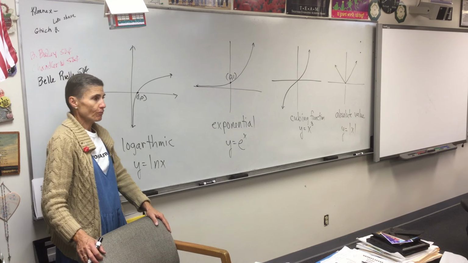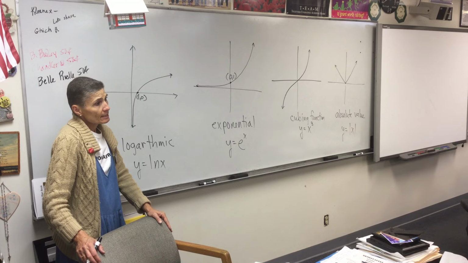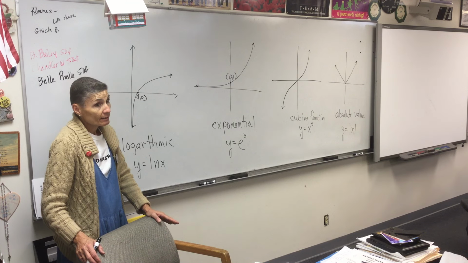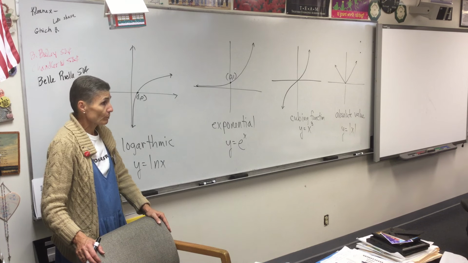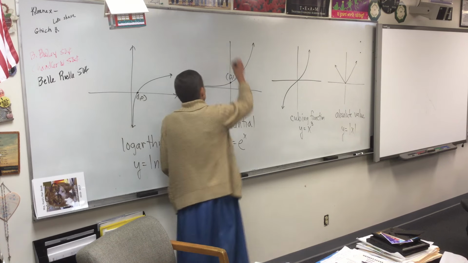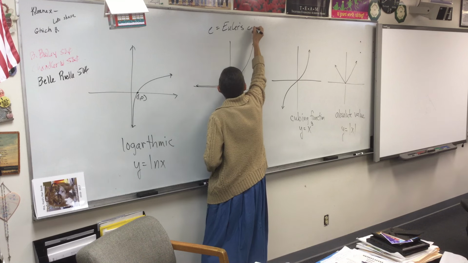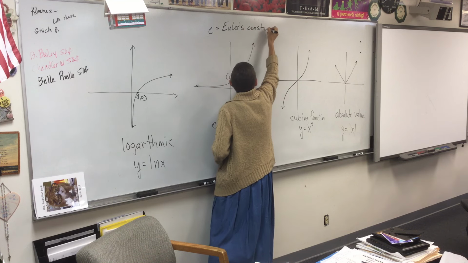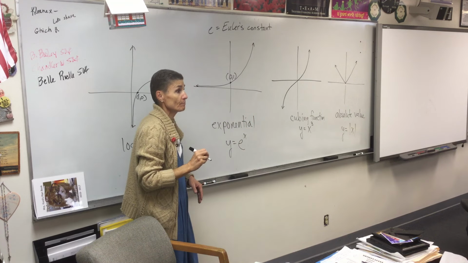E, in case you've forgotten, and you might have, E is a number just like pi. You know how pi goes on forever and ever and ever, never repeats or stops? So does E. E is called Euler's constant. It's spelled a little different than the Houston Oilers, but it's said the same way.